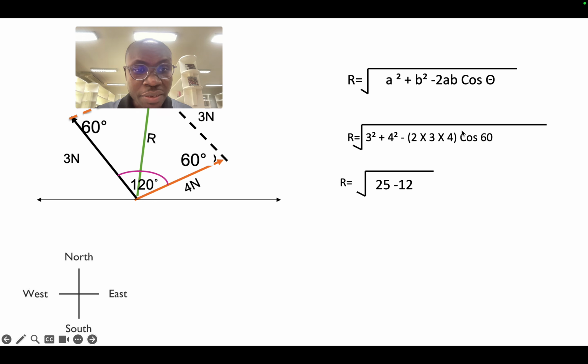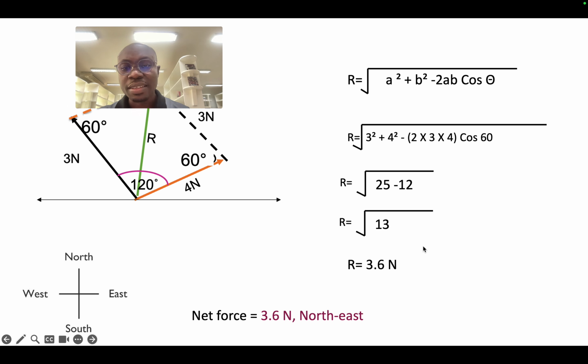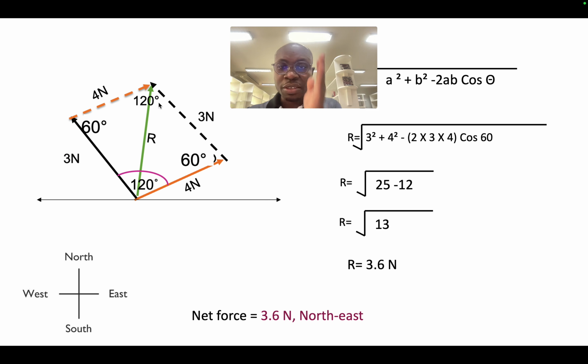So if you add everything together, we get root 13 or square root of 13, which is 3.6 newtons, and the answer is 3.6 newtons northeast, okay? Because, and you see the green line, this is the net force, is going northeast.